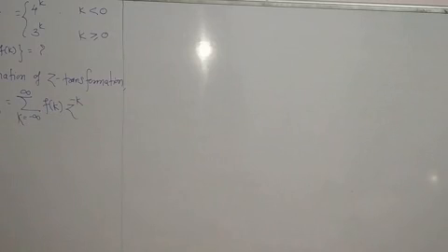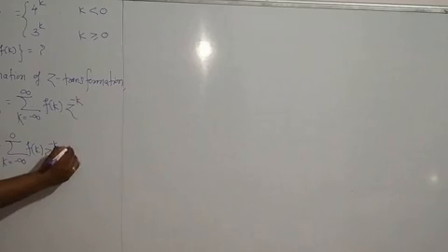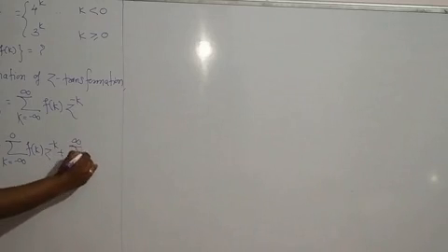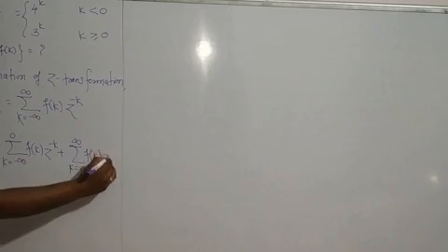Now you have two different functions for the values of k, so I'll split this into plus and minus. Z of f of k is the summation from k equals minus infinity to 0 of f of k z raised to minus k, plus the summation from k equals 0 to infinity of f of k z raised to minus k.